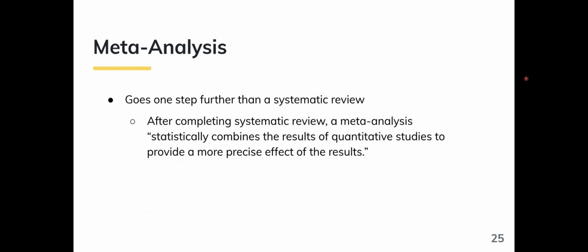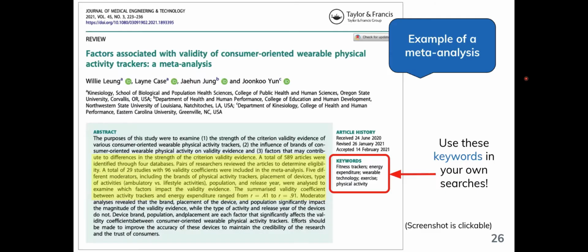So all of the things that apply to systematic reviews also apply to meta-analysis, like things about a strict protocol, working in a research team, etc. But this time they go even further by doing some statistical analyses. So again, here's an example of a meta-analysis where they did that additional step of a statistical analysis. And the portion I've highlighted in the abstract is how you can tell that they did a meta-analysis.